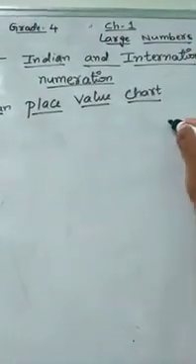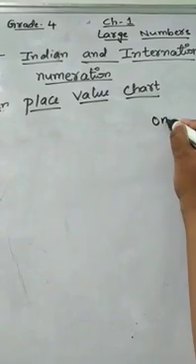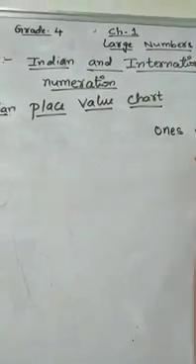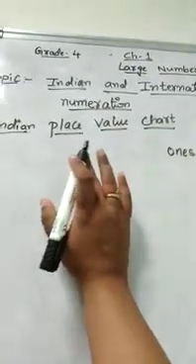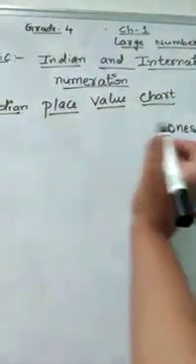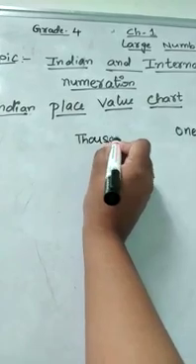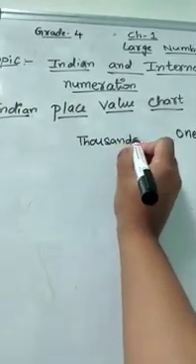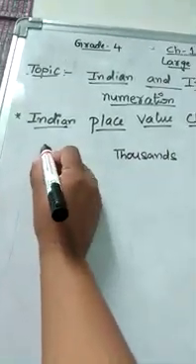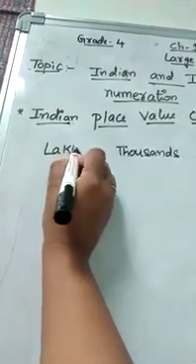So, the Indian place value chart. It is divided into 4 periods: ones, thousands, lakhs and crores.